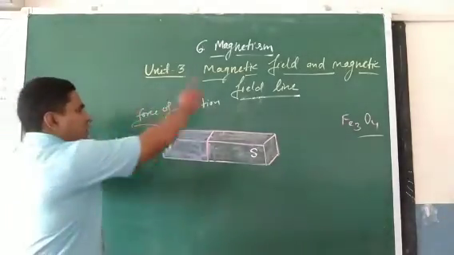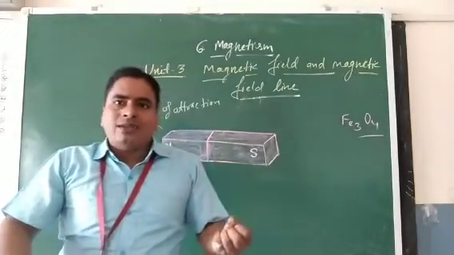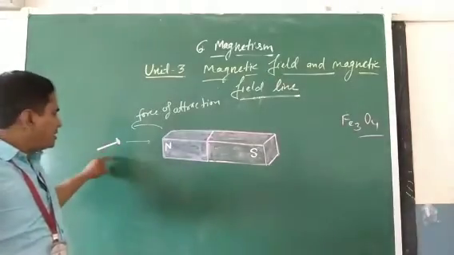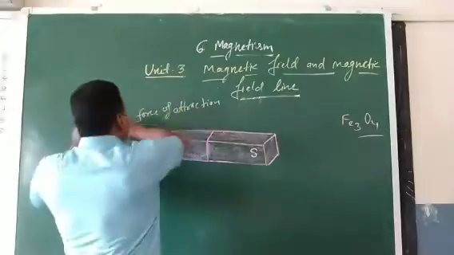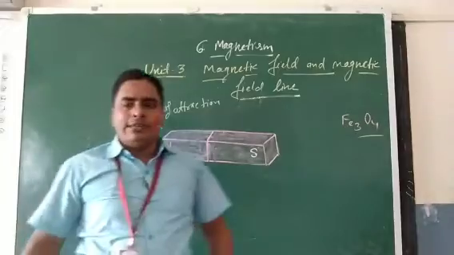But up to which region or space will its force of attraction be applicable for this particular magnetic substance or iron piece? किस रीजन तक, किस एरिया तक इसका ये फोर्स एप्लीकेबल होगा, इस मैग्नेटिक नीडल पे.